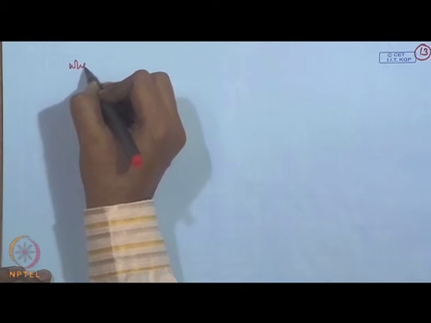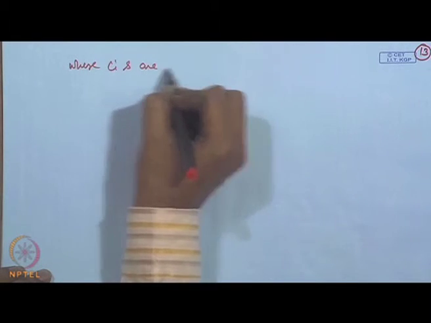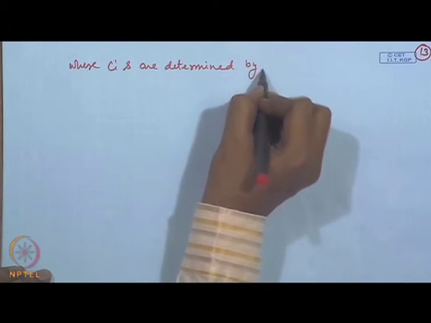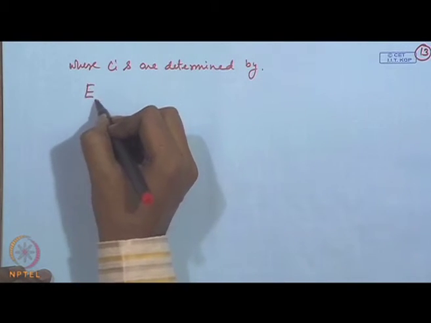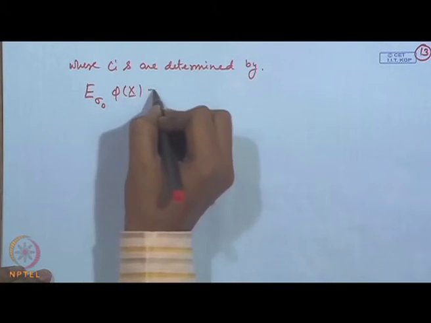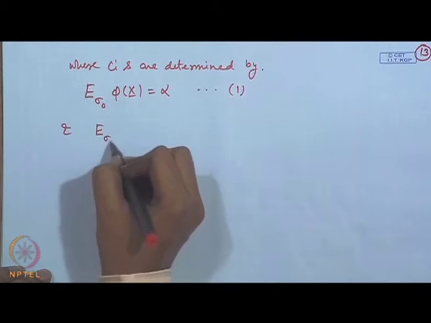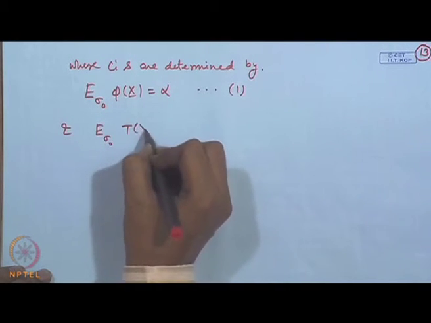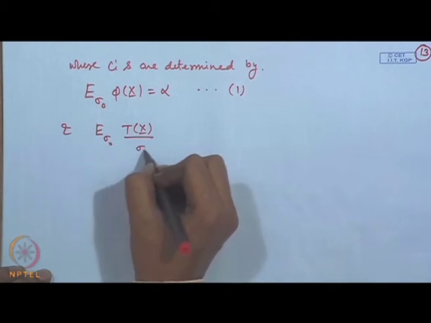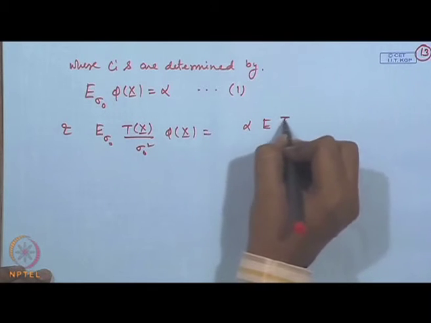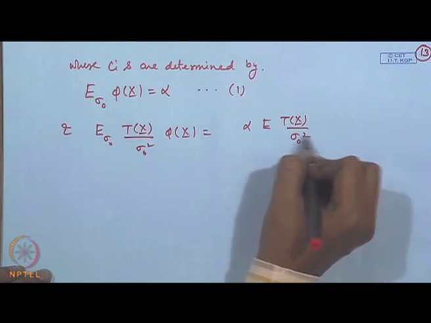Then we will have, where Ci's are determined by expectation of phi x is equal to alpha and expectation of T x divided by sigma naught square phi x is equal to alpha times expectation of T x by sigma naught square.